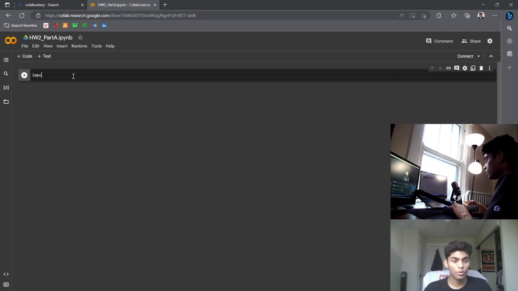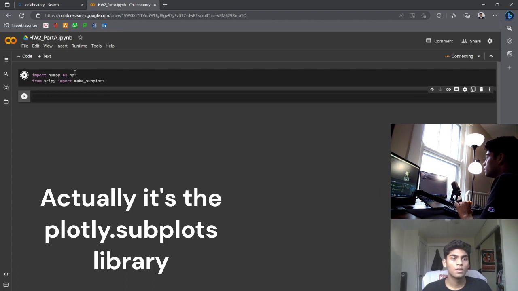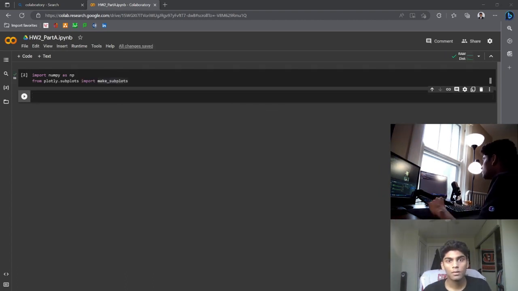We're going to import the NumPy library as np, and from, I believe it is SciPy, we're going to import make subplots. And from here, our coding may begin.